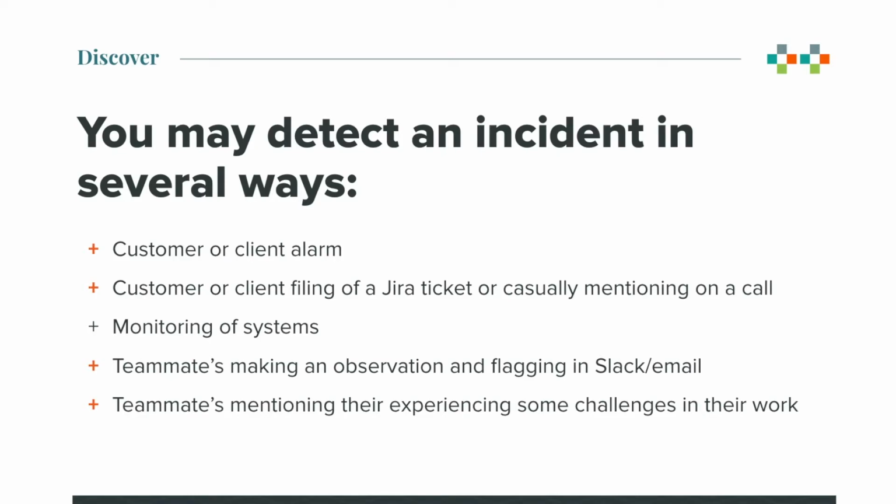Or a teammate may mention that they're experiencing some challenges in their work. Oftentimes as a project manager, I'm in the position where I'm asking questions to learn more about the challenges that a teammate is encountering, and sometimes it's a way of detecting if there's an incident.